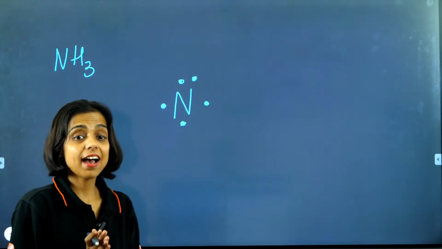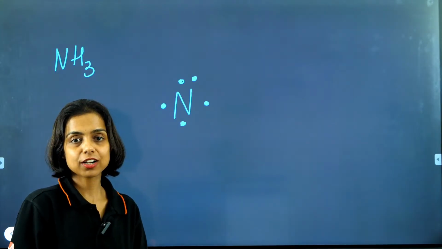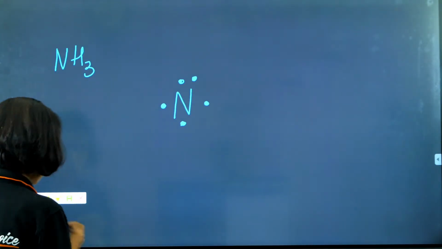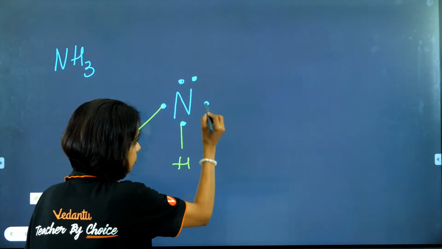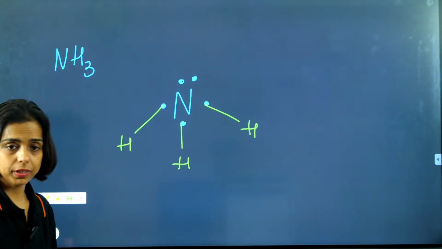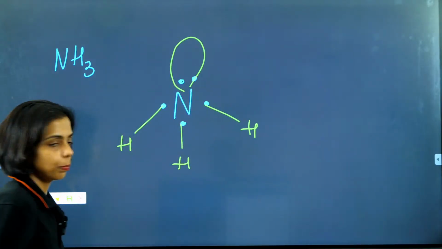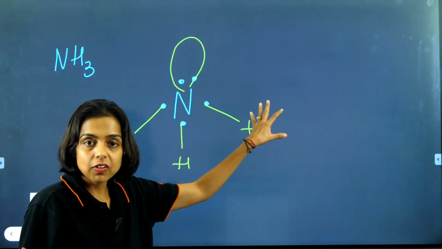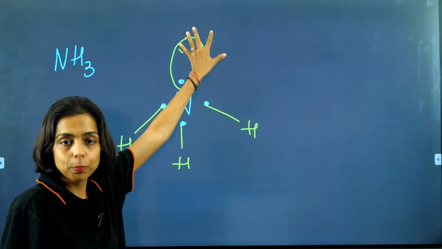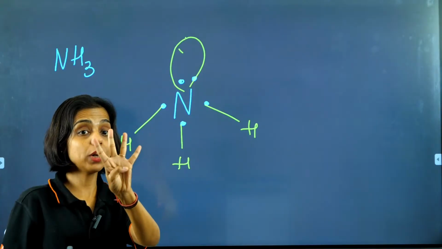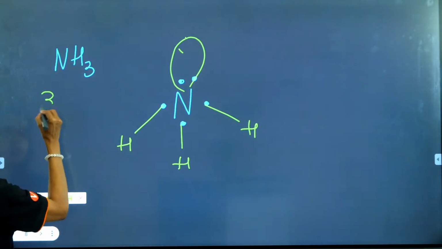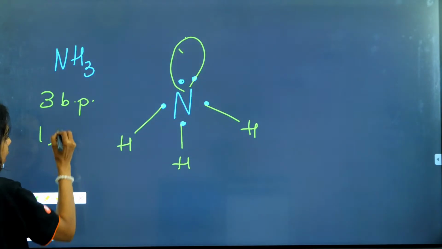So we have 5 electrons around the nitrogen. Out of 5, 3 are bond pairs and 1 is a lone pair which is not participating in bonding. Total we have 4 electron pairs around the central atom, 3 bond pairs and 1 lone pair.